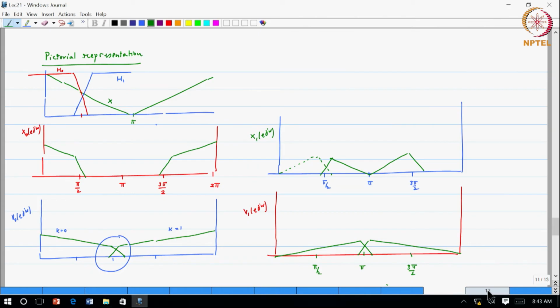This next step is straightforward. From V0 and V1 get the upsampled signals, that is fairly straightforward. Let me just quickly sketch that. So, the spectrum of V0 replicated twice, the scale factor of 1/2 is still present. So, this is pi by 2, pi, 3 pi by 2 and 2 pi.